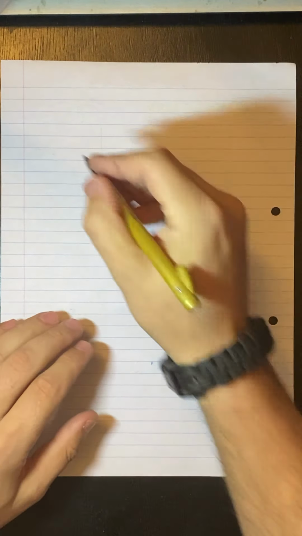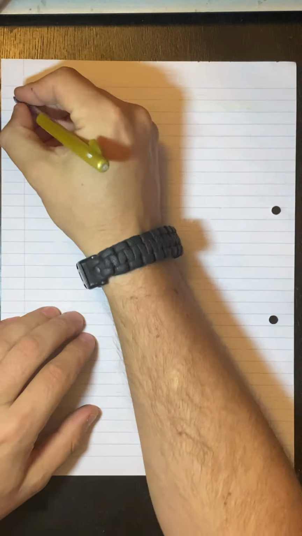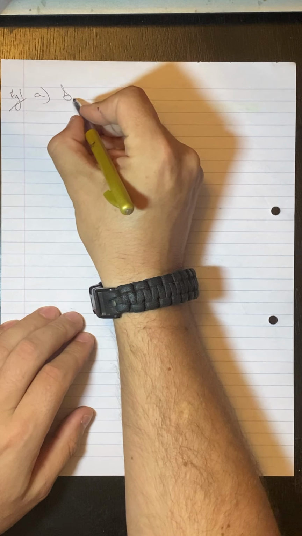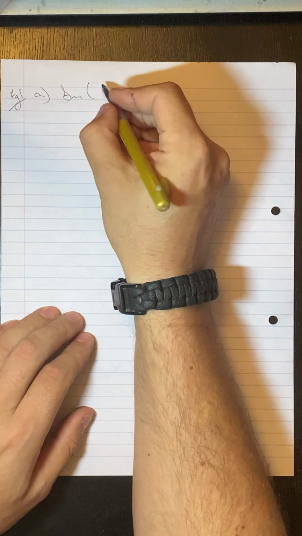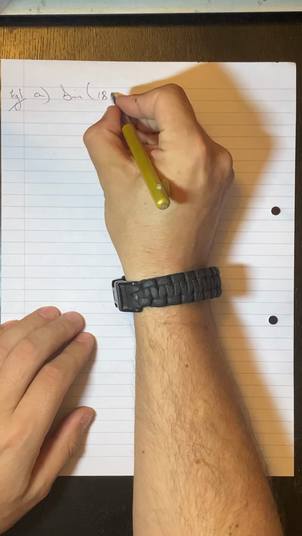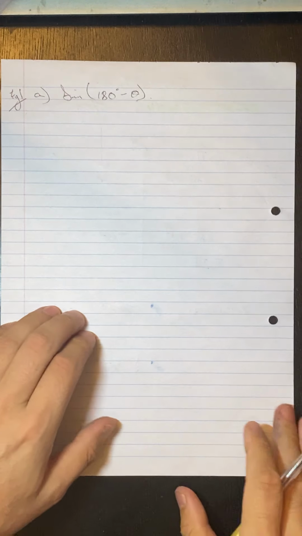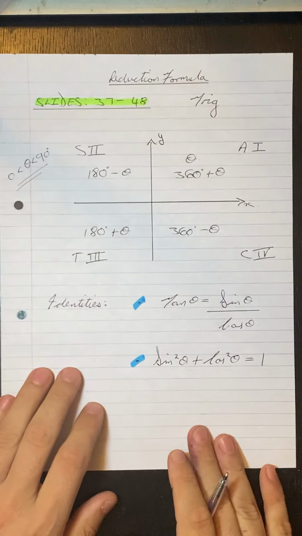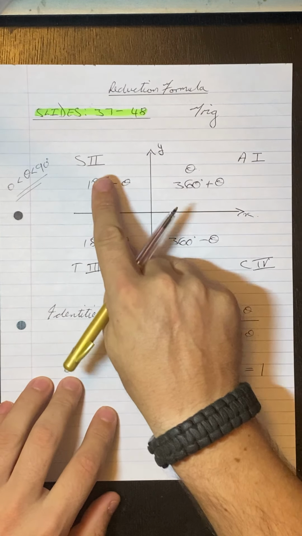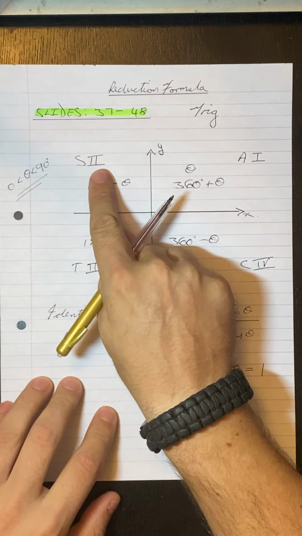so this is example 1. They're saying write each of the following as a function value of theta. So A, we've got sine 180 degrees minus theta. So if I come back to this over here, 180 minus theta is in the second quadrant.